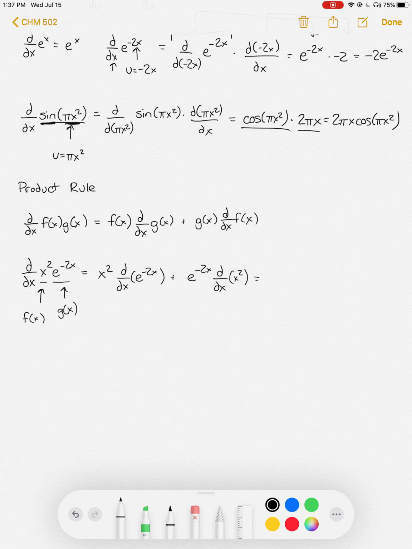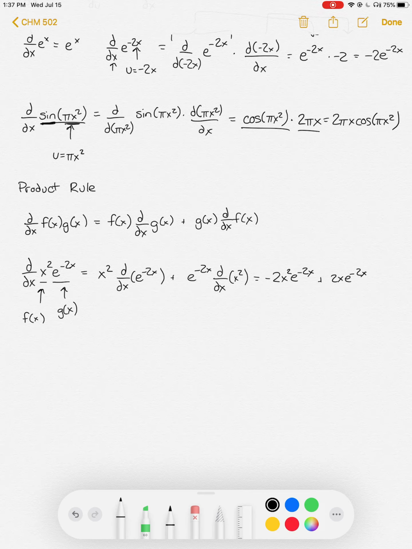And when we do this, we'll note from the previous example that the derivative of e to the minus 2x is minus 2 e to the minus 2x. So that gives us minus 2x squared e to the minus 2x. And then the derivative of x squared, just a simple polynomial, is 2x. So we'll add 2x e to the minus 2x. And that is the derivative of this function.